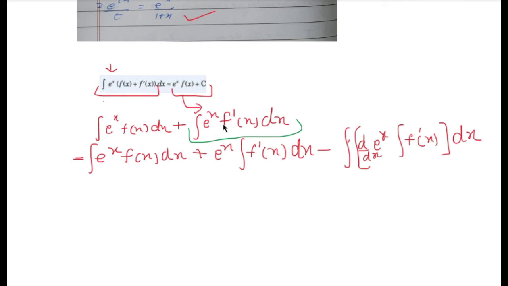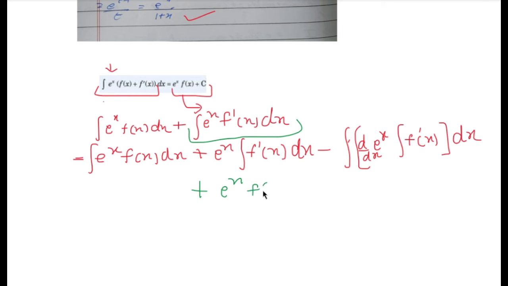So here I sorted out this only. I did not sort out this because I have an intuition that this will get cancelled, and I'm right also, because this term here will reduce to e^x. And what's the integral of this?